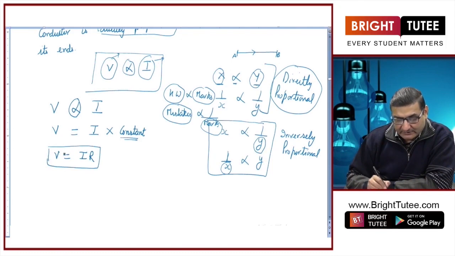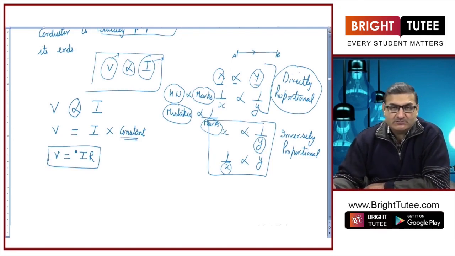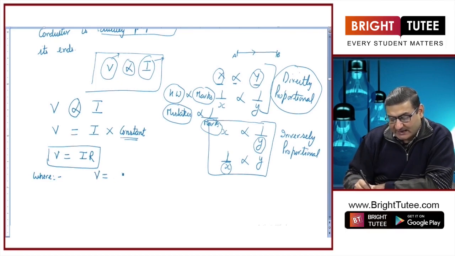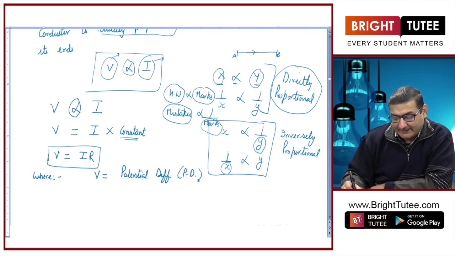Now this is what we deduce from Ohm's law, that V is equal to IR, where now what do these symbols mean? V stands for potential difference, right, which is also represented as PD.